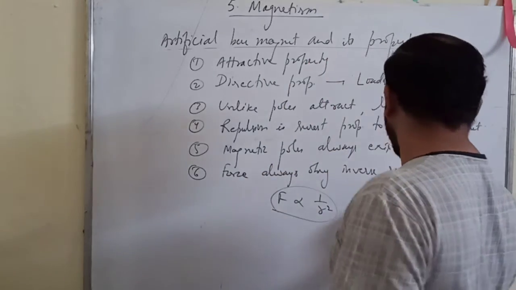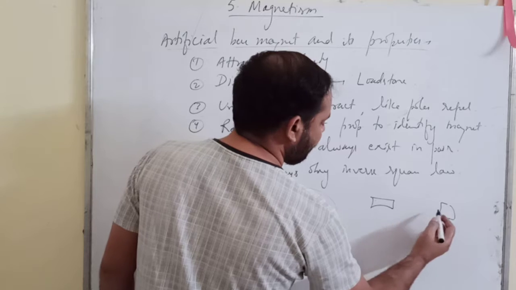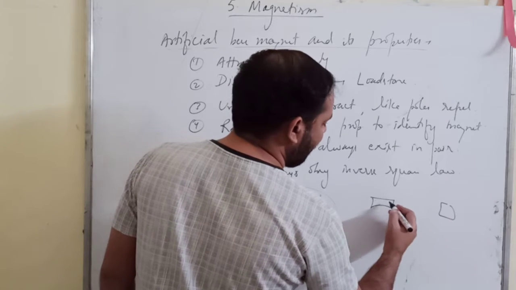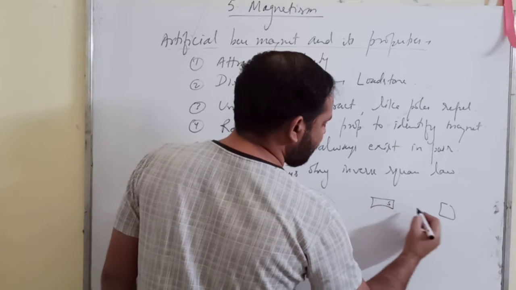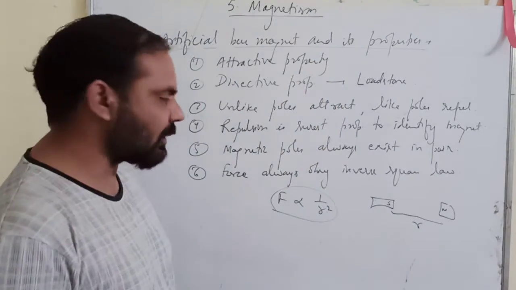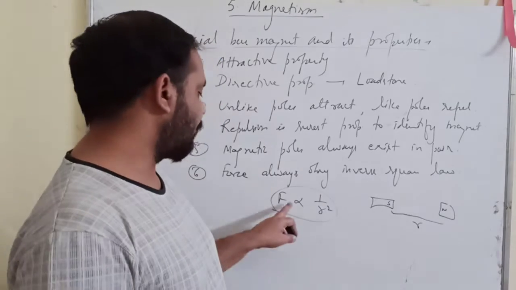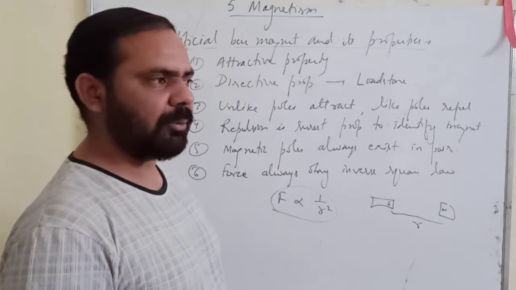Suppose you have a magnet and another magnet, with a south pole and a north pole separated by a distance R, then the force will be inversely proportional to R square.